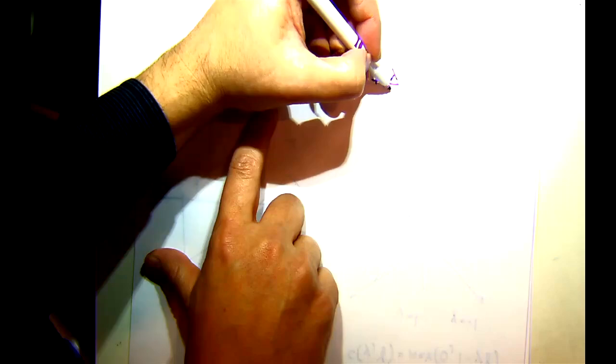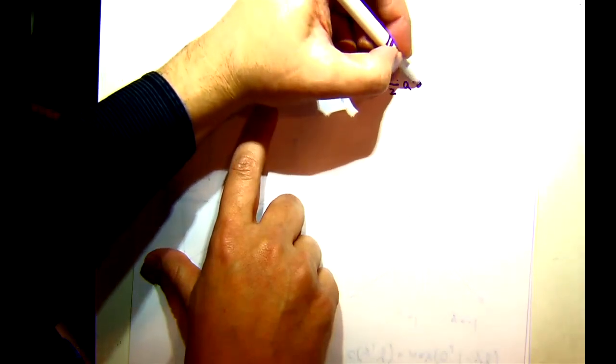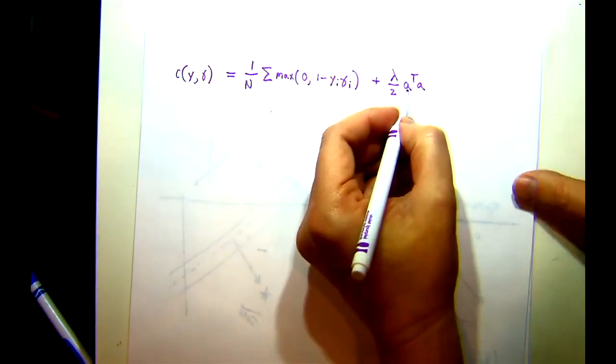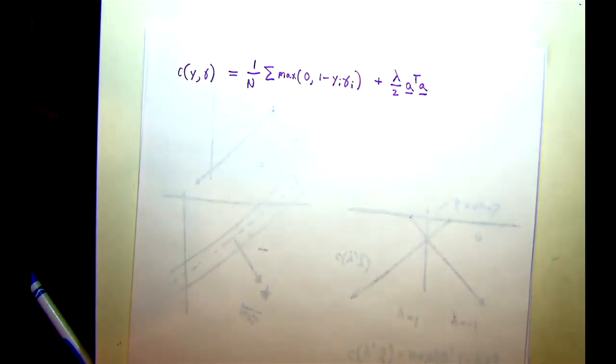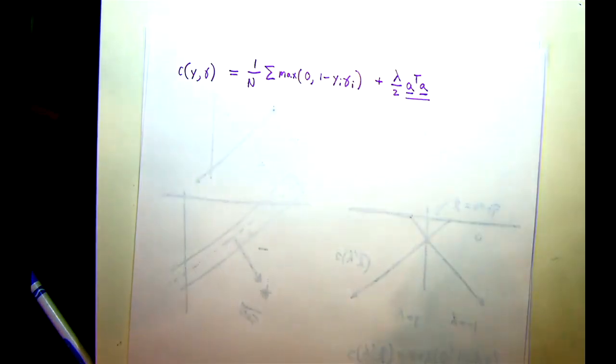And then we have the cost on the future error. And we're going to use what's called A transpose A. Now remember, A is a vector here. Because it's a vector, anytime you do A transpose A, you're basically taking the square of the magnitude. So you're just taking the vector and squaring basically the length of it. And so we're going to pay some cost associated with the size of this A.